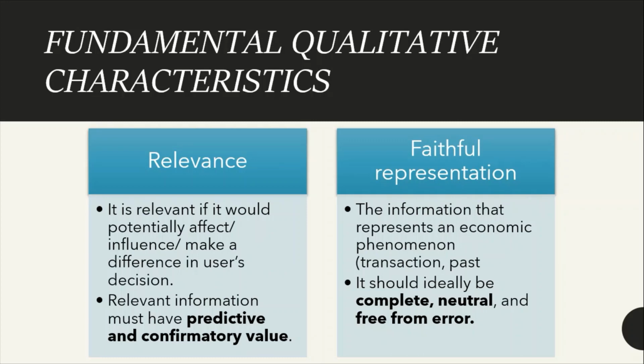Complete means detailed information. Neutral means transparent, no fraud, no hiding any information, and free from errors, no mistakes. So that's what it means by faithful representation. You can have faith in the information that is represented. Understand? Okay, moving on to the next slide.